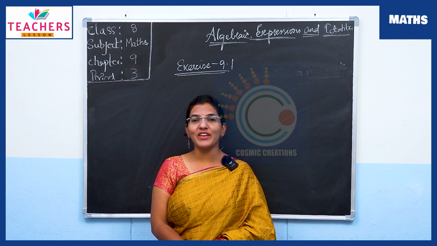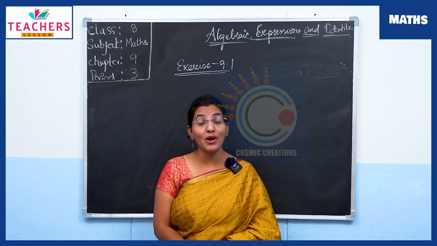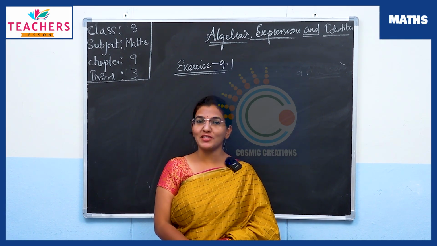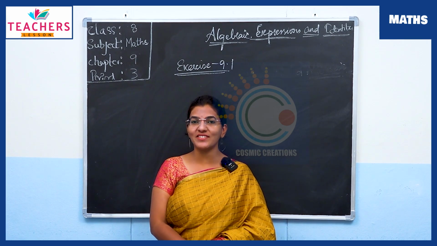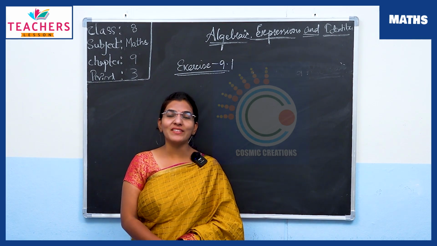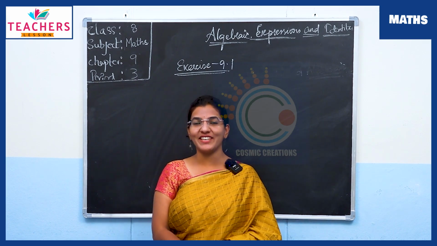So hope we have thoroughly learnt about the concepts of algebraic expressions and identities, isn't it, students? Yes, hope you have remembered. So let's quickly recap what we have studied in the previous session.